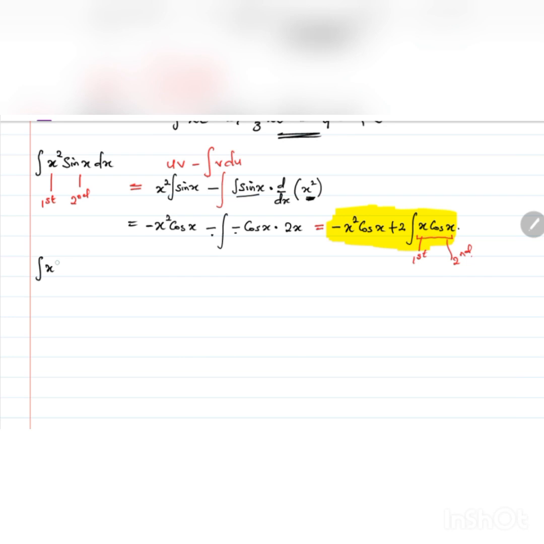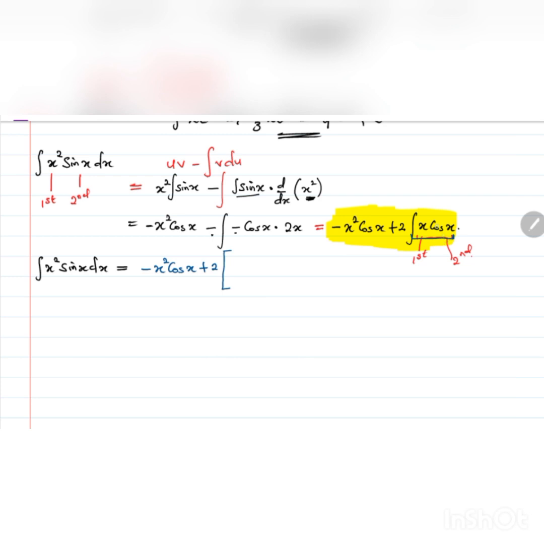Now integrating that, the initial question, the integral of x squared sine x dx, is equal to minus x squared cos x plus 2 into bracket. Why is it into bracket? Because we want to solve this using integration by parts.